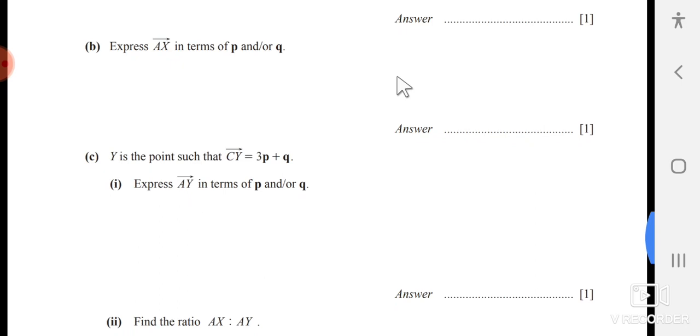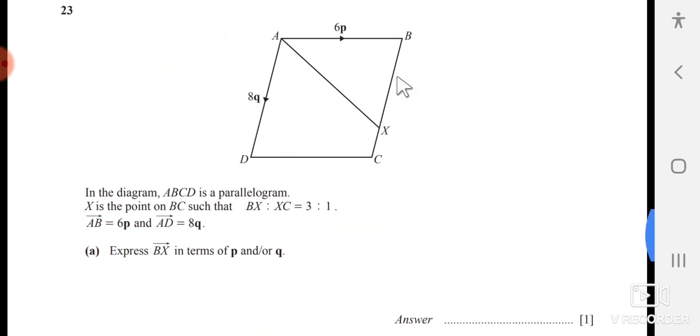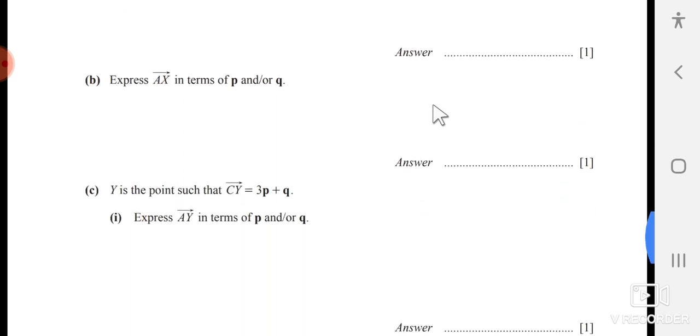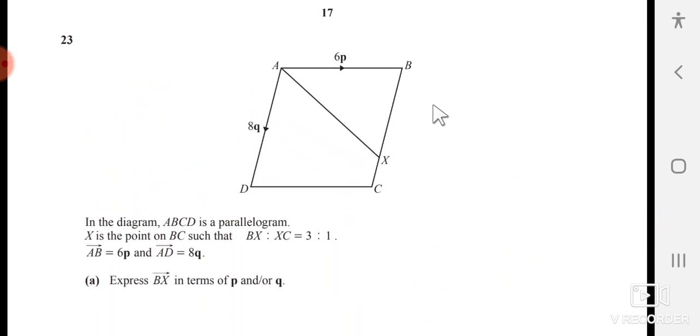So you can say AY is equal to AC plus CY. A to C and then C to Y would be equal to AY. Here you have the AC value, because AC is very simple to calculate from this.